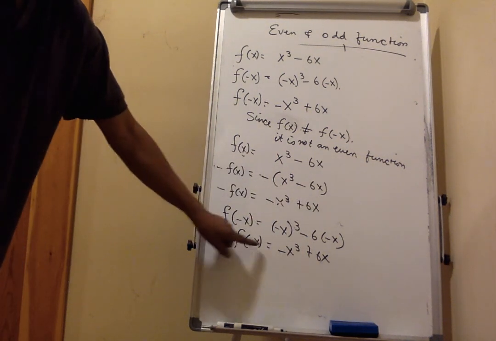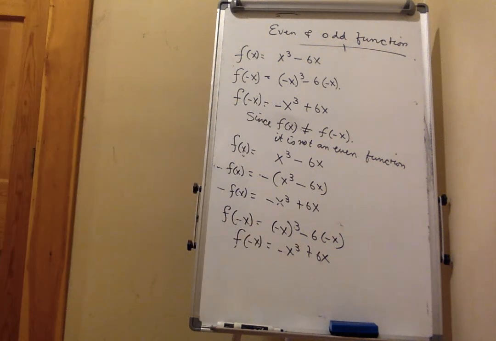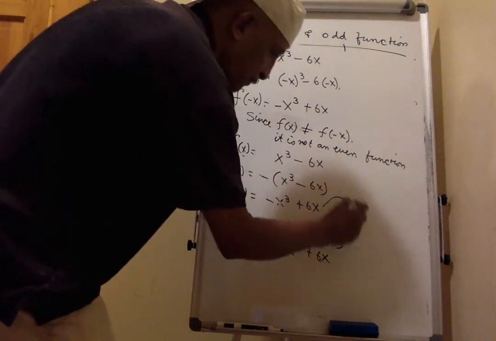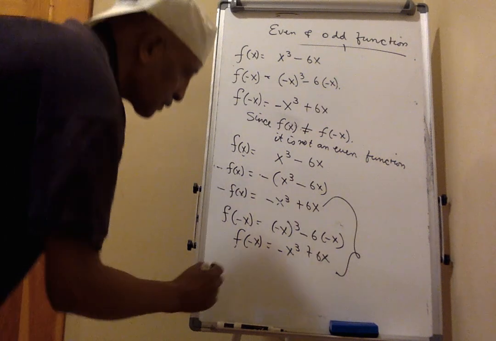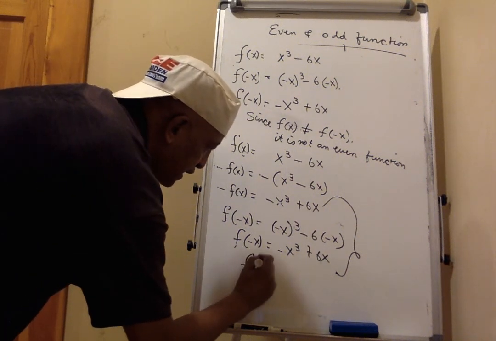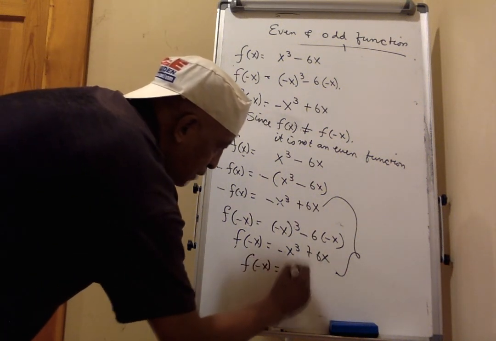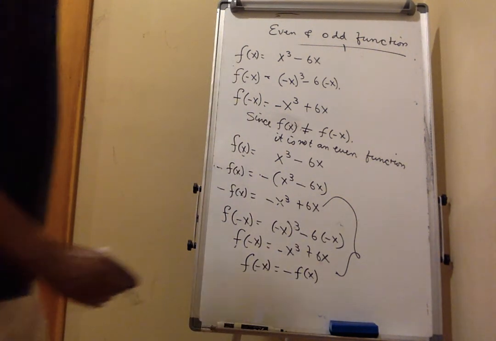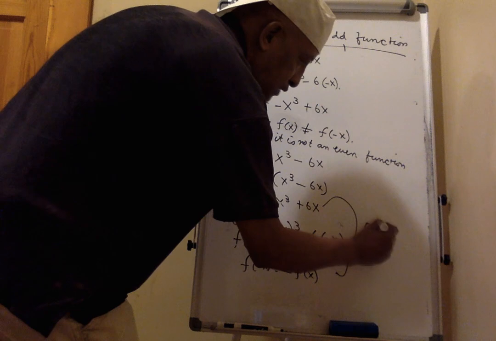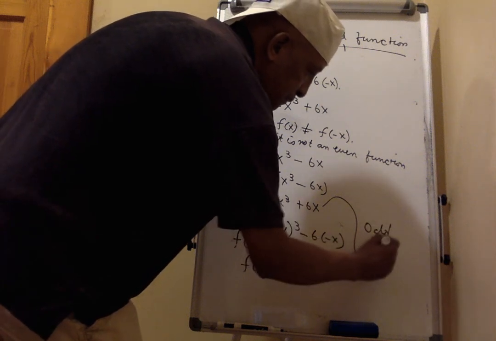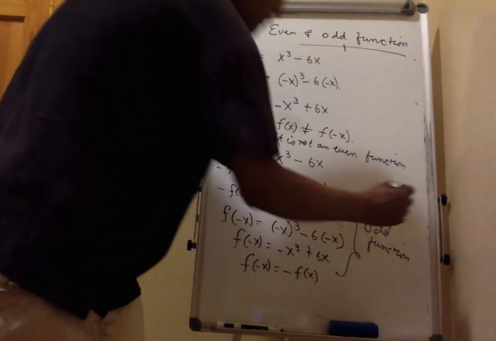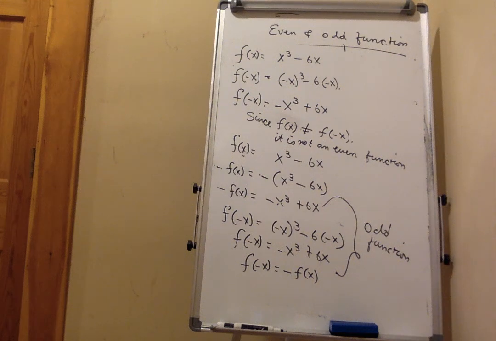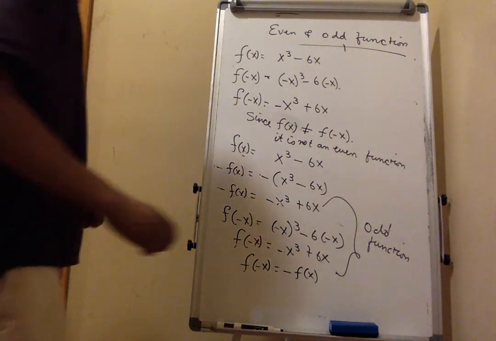And f of negative x also gave me negative x cubed plus 6x. Because f of negative x is equal to negative f of x, according to our definition, this is an odd function.